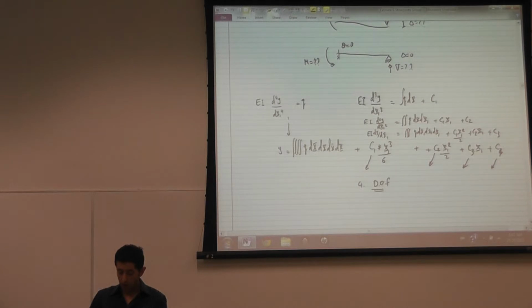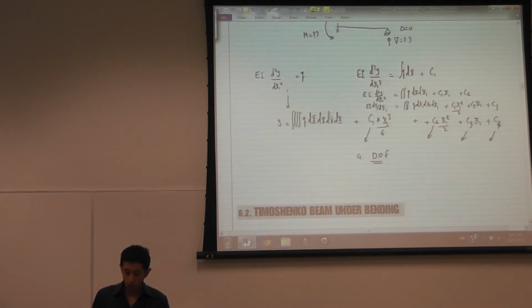Now, in general, those 4 degrees of freedom could be C1, C2, C3, and C4. But I could replace them with 4 physical degrees of freedom, and those are the displacement at each end and the rotation at each end. And that's how you use the stiffness method.